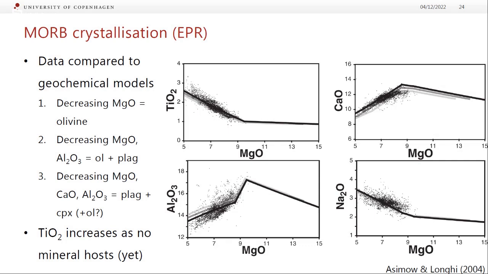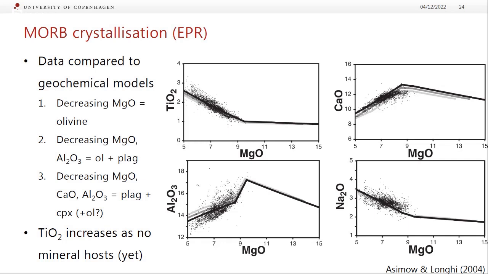The next thing to crystallize is plagioclase, and we can see that because the aluminium starts to drop, okay? And the MgO is still dropping, so plagioclase doesn't have any magnesium in it, so we must still be crystallizing olivine. So we're crystallizing olivine and plagioclase. This moves us down in aluminium. It kind of flattens out the curve a bit in calcium, and in titanium and sodium, nothing really happens.